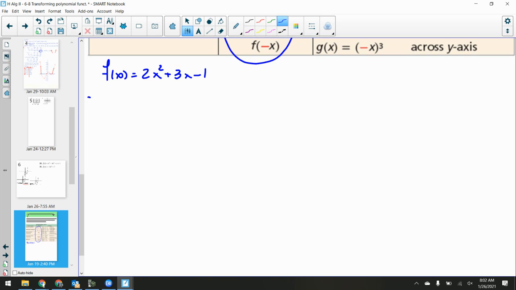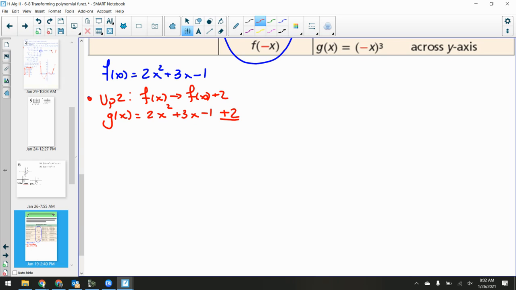Let's just go down the list. Let's say an up 2. That would take f of x and map it to f of x plus 2, on the outside. So g of x would be 2x squared plus 3x minus 1 plus 2.